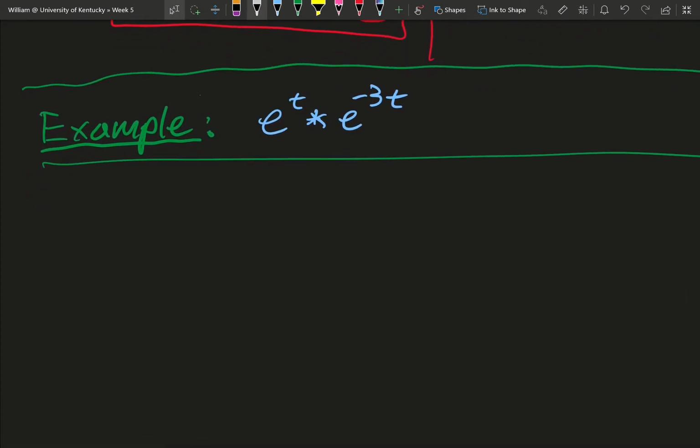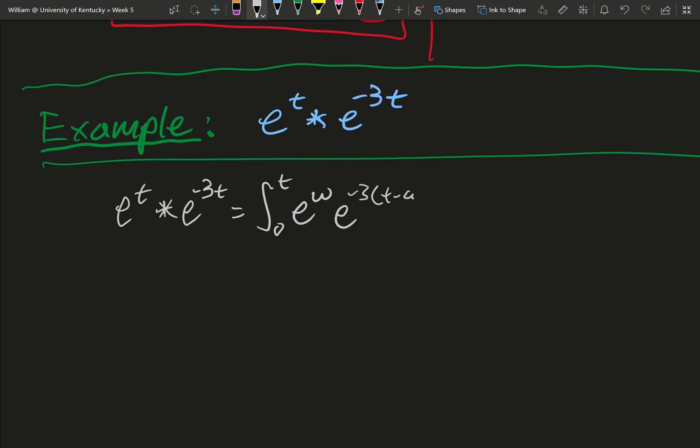All right, so let's look at another example. We're taking the convolution of e to the t and e to the negative 3t. So for this first e to the t, we're replacing that t with a w. And for the second one, we're replacing t with t minus w.